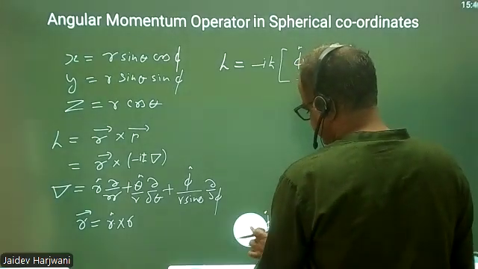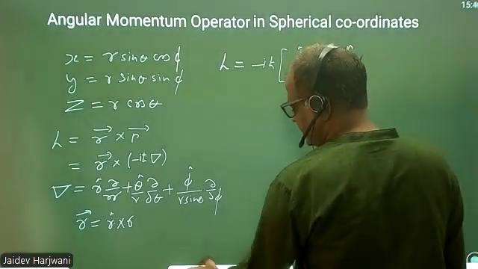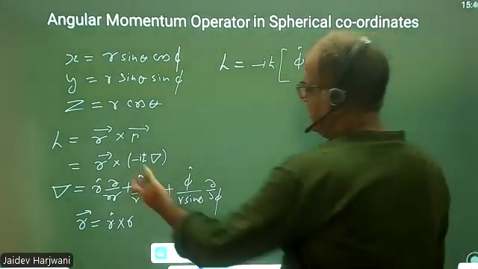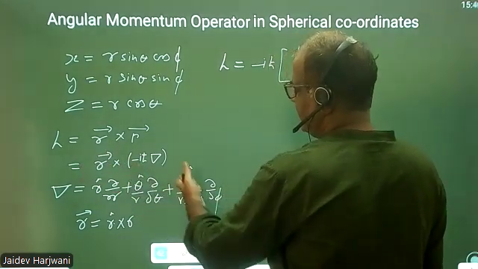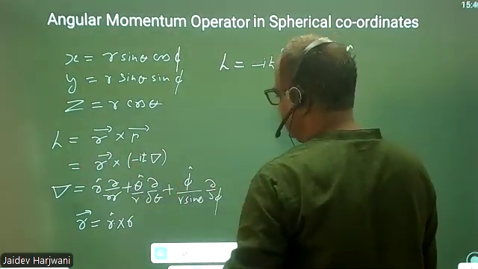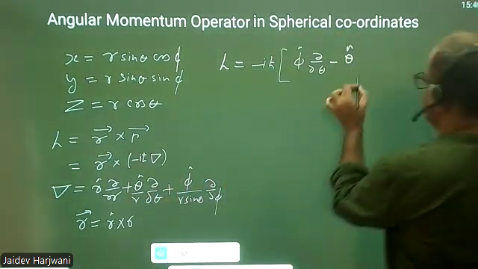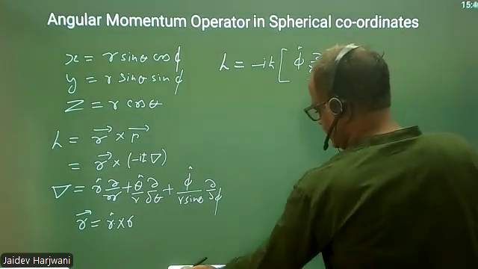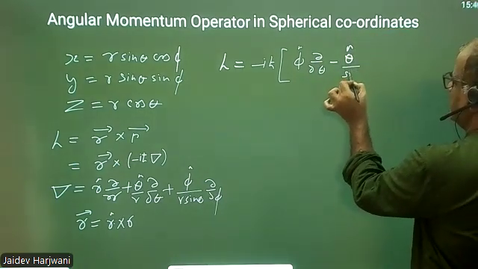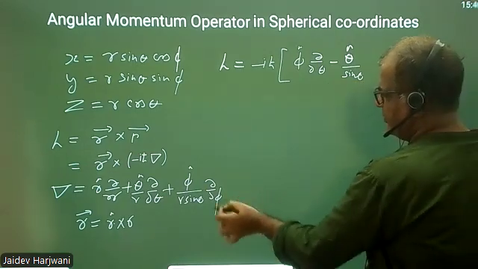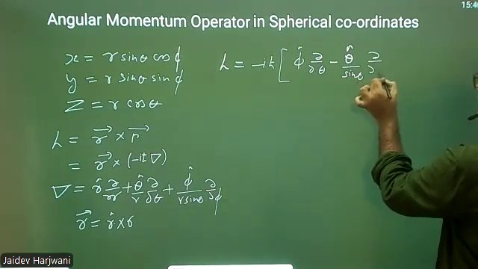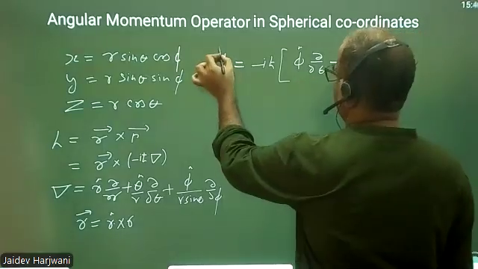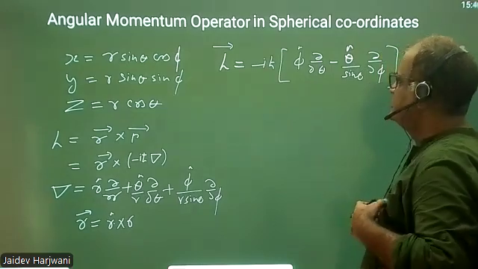This is like an orthogonal system like i, j, k. Now r cancels, so you have 1/sinθ here and then ∂/∂φ. So this is the representation of the angular momentum operator in spherical polar coordinates.